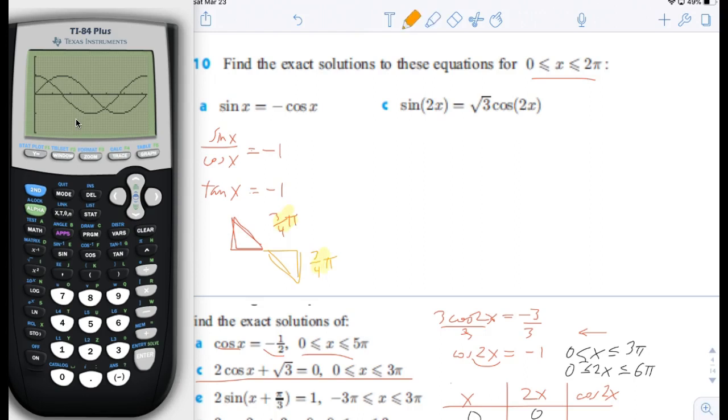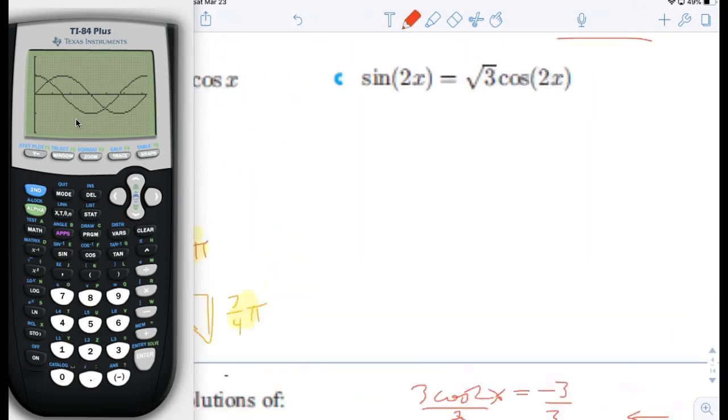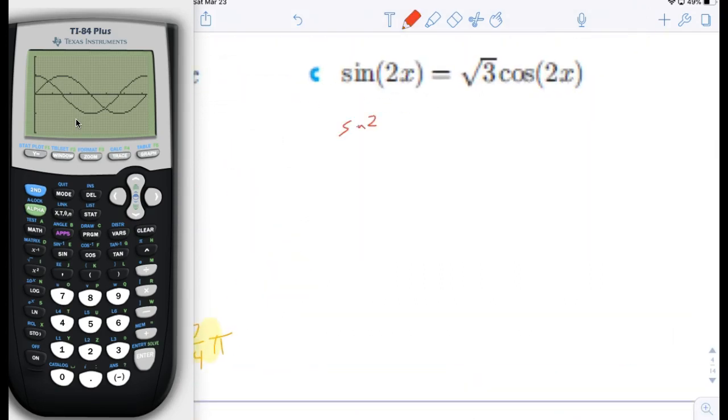Okay, let's go to C. So for C, it looks very similar. What if we divide both sides by cosine 2x? What happens then? We'll have sine of 2x divided by cosine of 2x equals square root of 3. Sine of 2x divided by cosine of 2x, that's equal to tangent of 2x equals square root of 3.